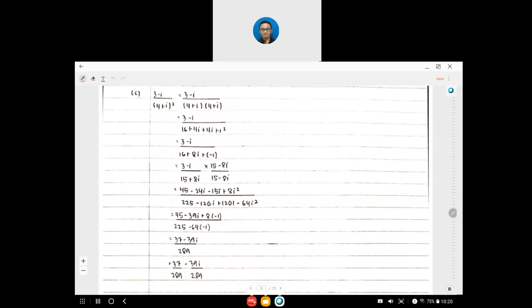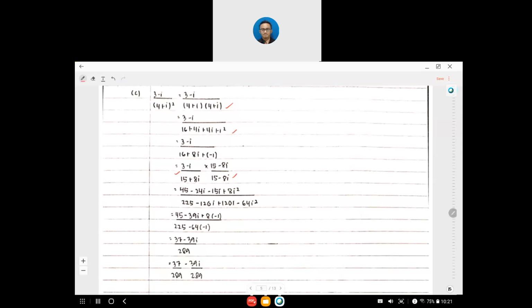So that one also same thing. You need to expand the denominator first. So it becomes 16 plus 4i plus 4i plus i squared. So it becomes 16 minus 1, 15 plus 8i. Okay, and then times by the conjugate, so it becomes 15 minus 8i. So expand that one.